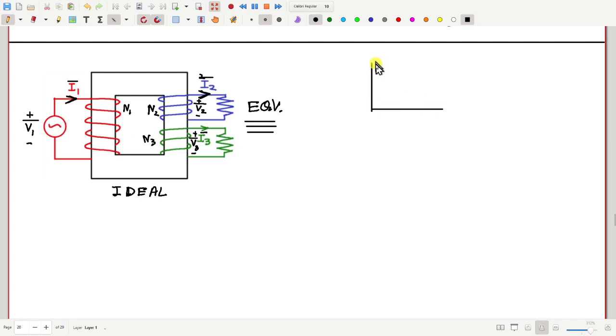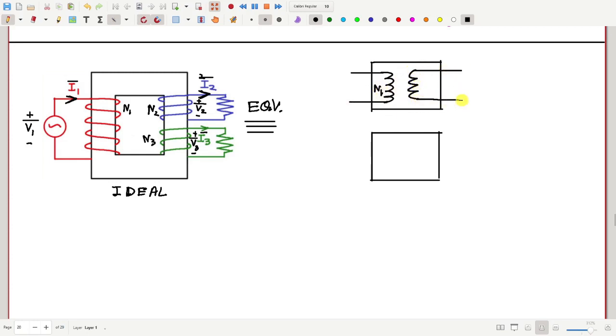If I take 2 ideal transformers, one with N1 and N2 turns, another with N1 and N3 turns, and here the dots were like this on this side and on this side. So I take the dots like this.